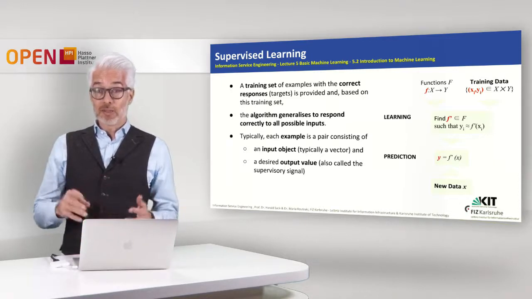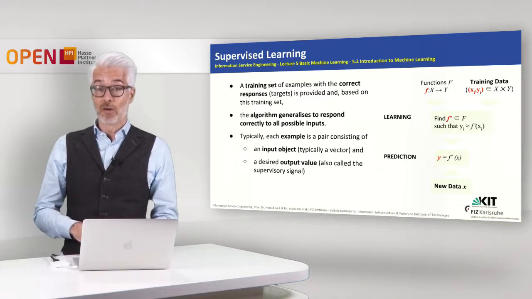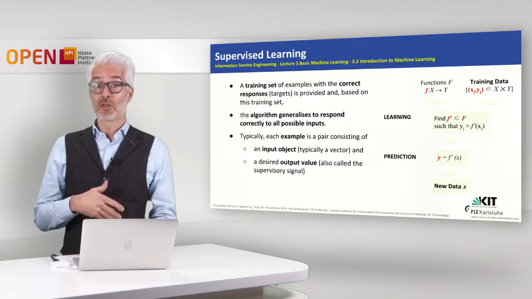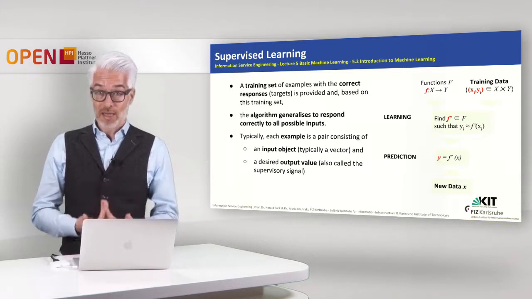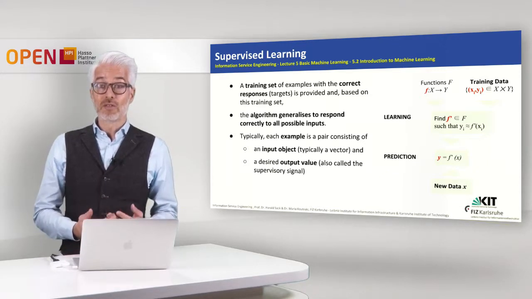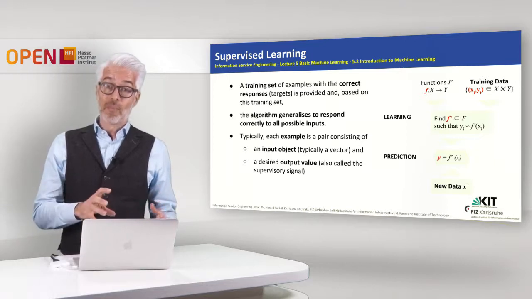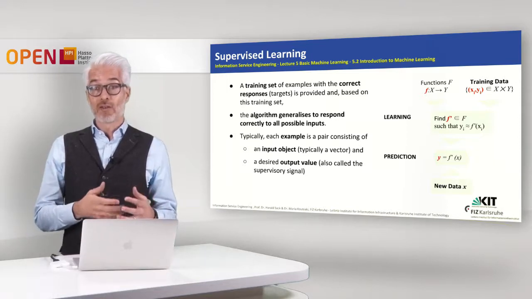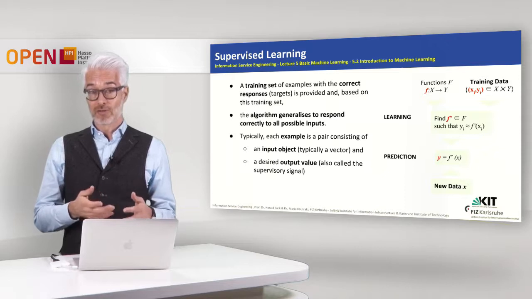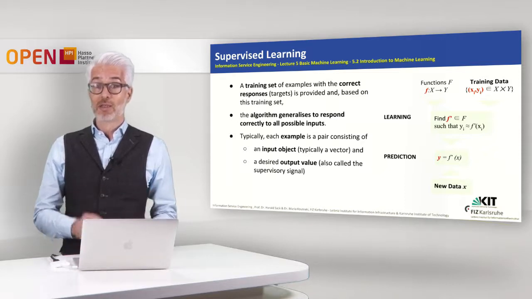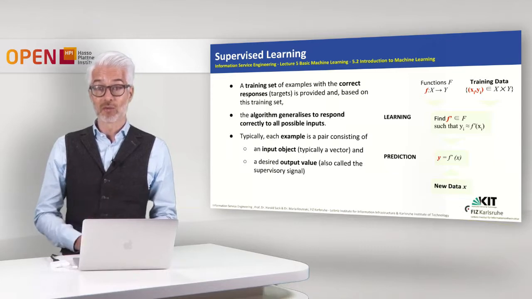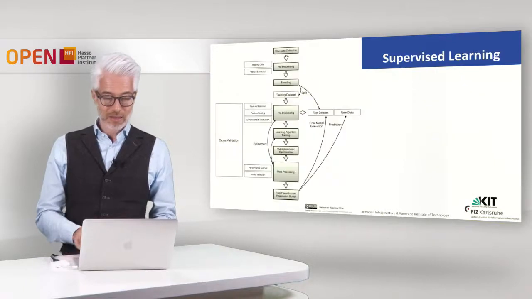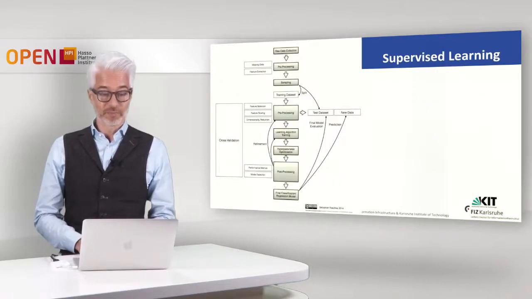If you approximate that via the learning step, then in a future prediction task you might be presented with new data, that is x here, and you achieve a result by applying this function f prime, the target of your learning process, to exactly this previously unknown data, and you result in a prediction y that might be the correct solution. So this is the basics of supervised learning.